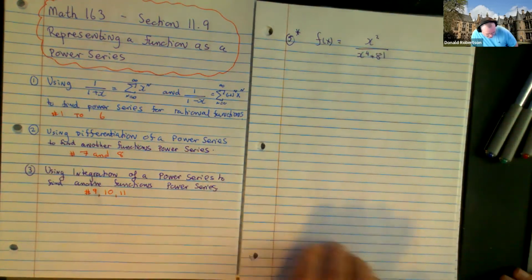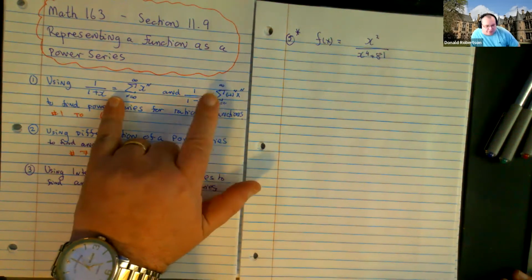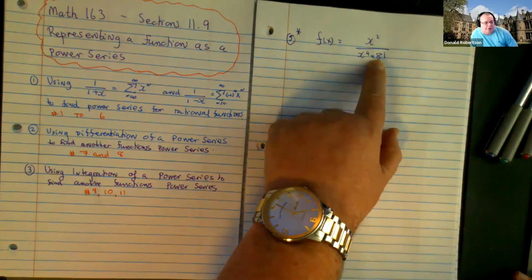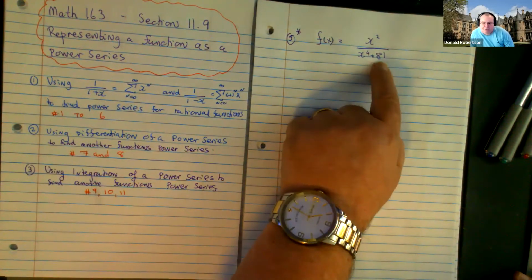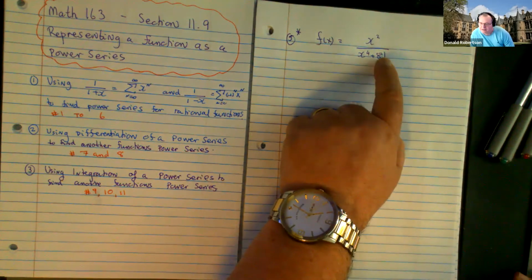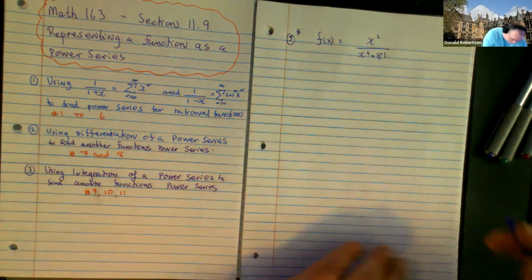As it stands right now, it really isn't going to be possible to use either of these. Since I see a power of x and a number being added, I know it's going to be this one. My big issue is this 81 is no good, right? That 81 is not going to work. I just can't use it.